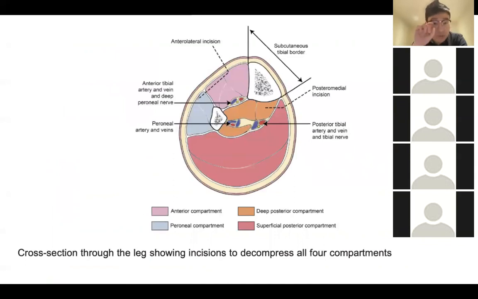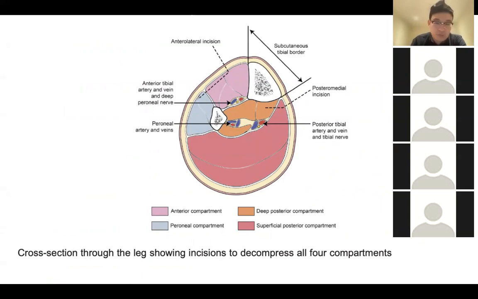The cross section, which I've asked you guys to draw on the compartments, would be if you want to do an anterolateral incision to decompress the anterior and the lateral compartments at the same time, and a posteromedial incision to take off the deep and superficial compartments.